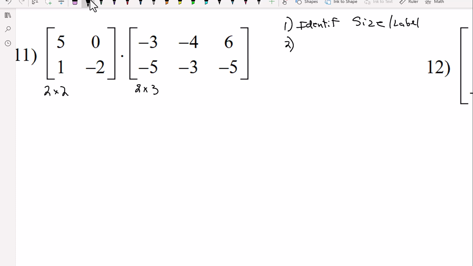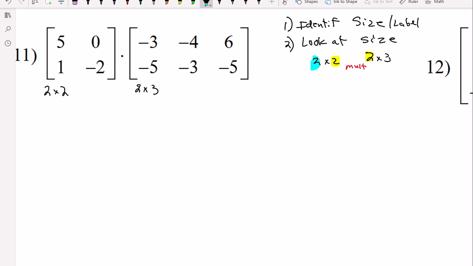Step 2, look at the size. So a 2 by 2 and a 2 by 3. If the two inside numbers are the same, then you can go ahead and multiply. If they're not, it's undefined.